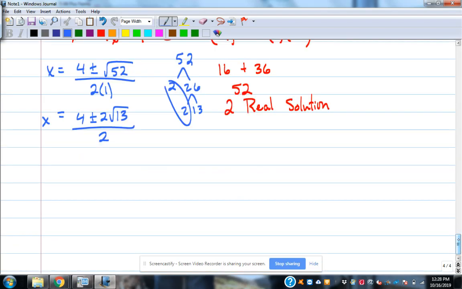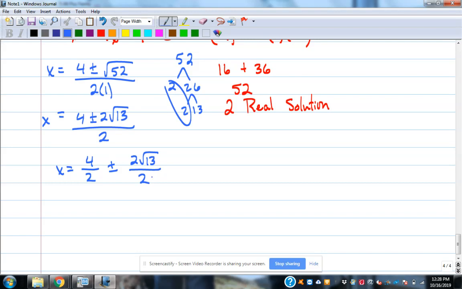Now here's how I want you to write your answers. Remember, we had answers that looked similar to this when we were doing complete the square. Split it apart. Do 4 over 2 plus or minus 2 radical 13 over 2, and then try to simplify each fraction separately.